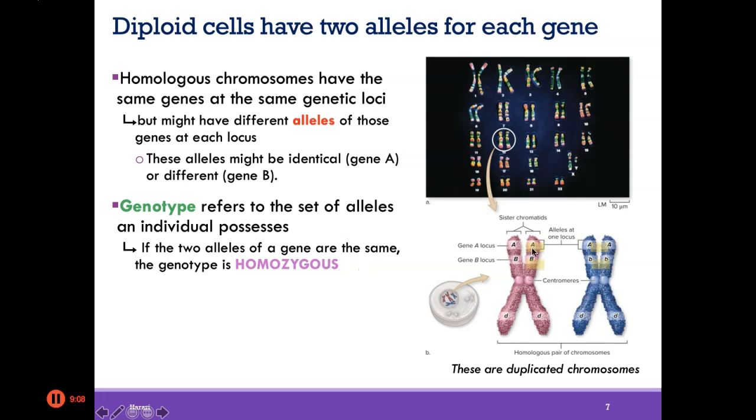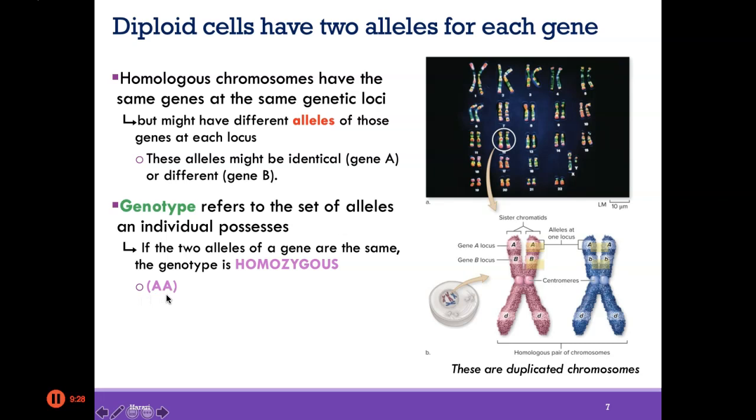It'll be homozygous for gene A, for big A, in that zygote. Remember, the zygote is when sperm and egg first meet. So in that zygote, you're going to have homo, the same, for the gene A locus. They're both big A. So write this, big A, big A. That's how you say it.